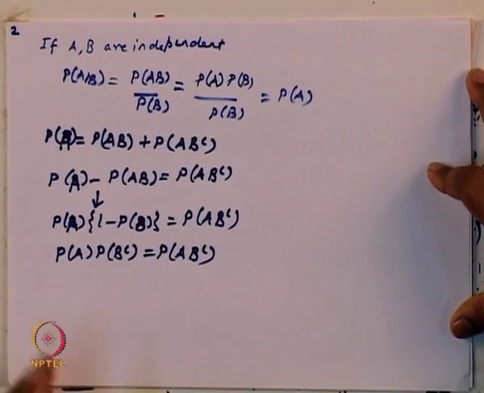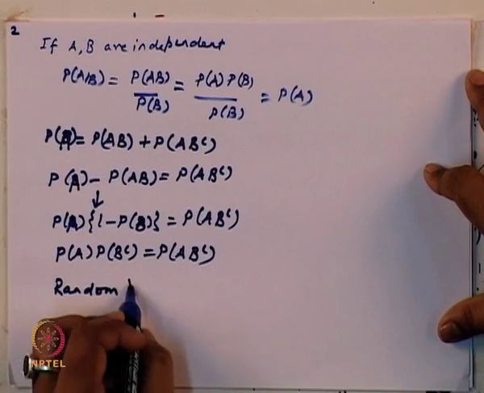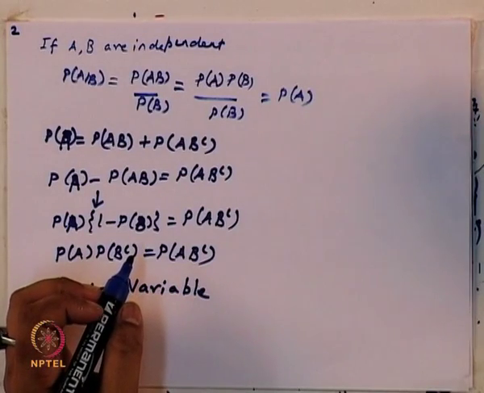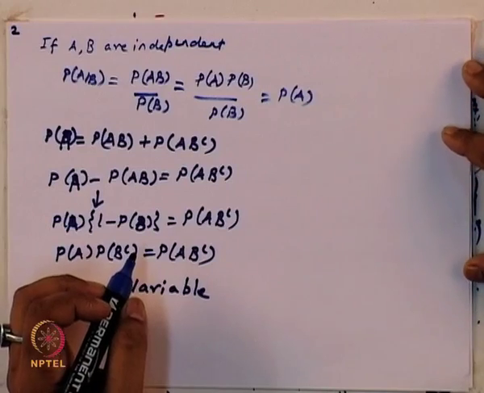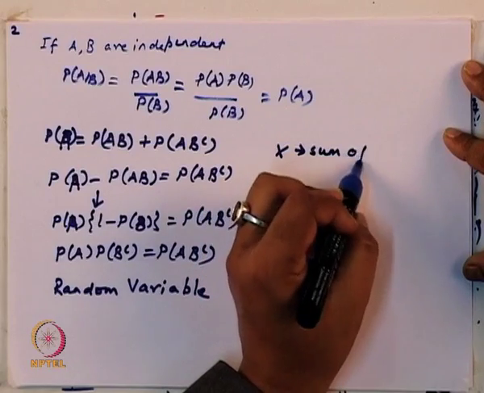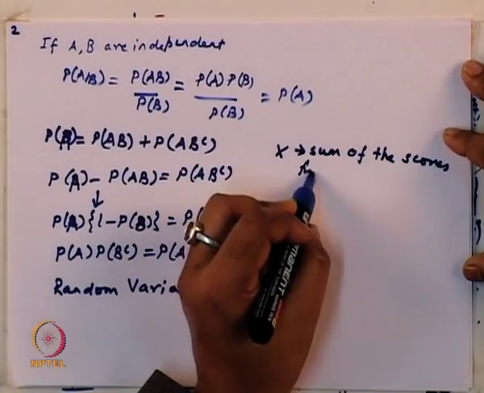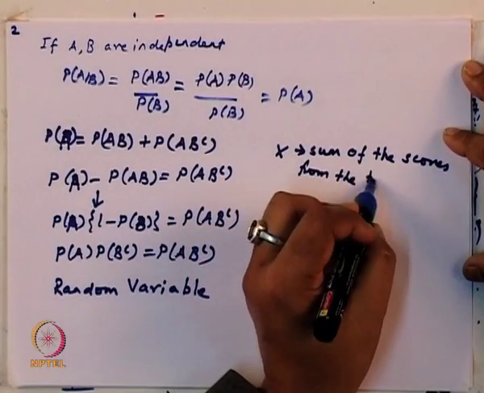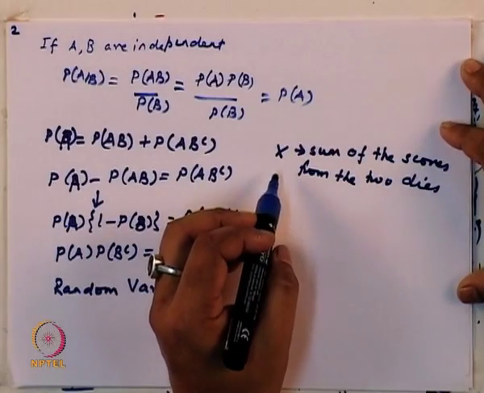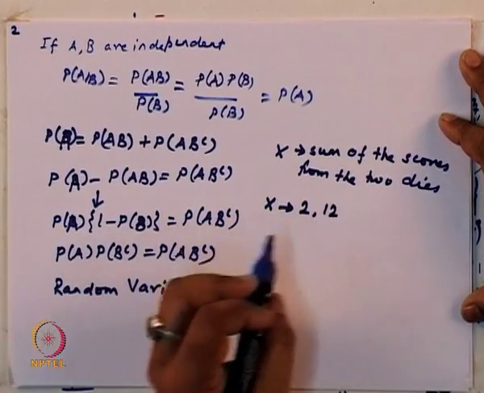Okay. So, towards the end of last lecture, we had discussed random variables. Specifically, we had discussed the case of toss of a die twice. Okay, you can define a random variable x, which is the sum of the scores from the two dice. So, x will vary from 2 to 12, okay.